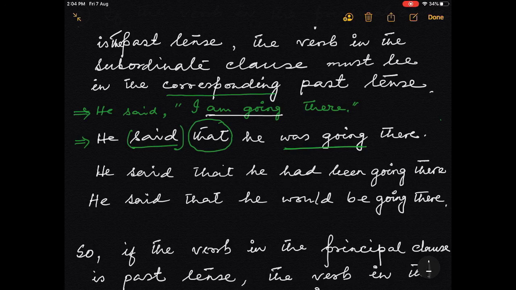But what type of past form? Corresponding past. What is corresponding past? If it is present continuous, corresponding means it will be past continuous. So, if it is present continuous, it will be past continuous. If it is present indefinite, it will be past indefinite. This is called corresponding. So, he said that he was going there.